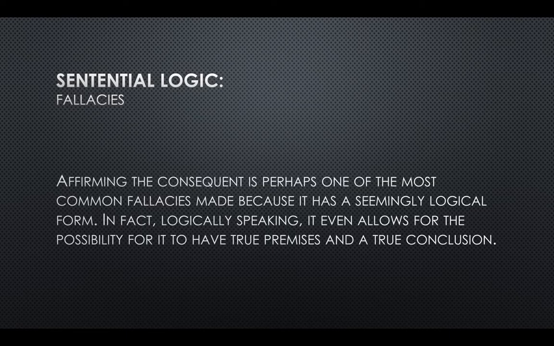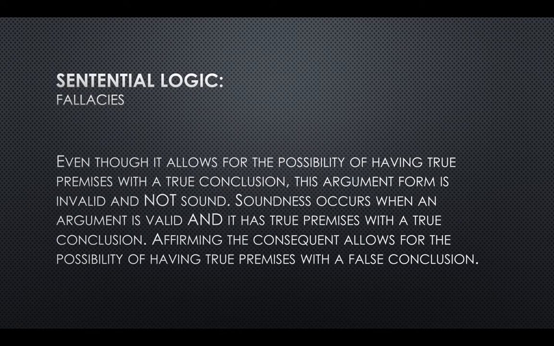Affirming the consequent. Affirming the consequent is perhaps one of the most common fallacies made because it has a seemingly logical form. In fact, logically speaking, it even allows for the possibility for it to have true premises and a true conclusion. Even though it allows for the possibility of having true premises with a true conclusion, this argument form is invalid and not sound. Soundness occurs when an argument is valid and it has true premises with a true conclusion.